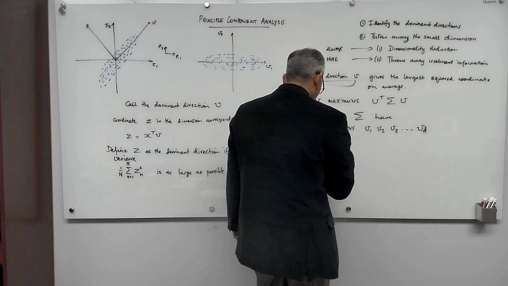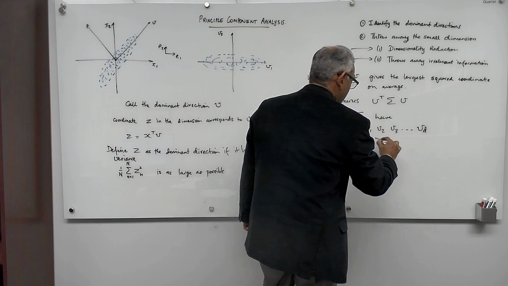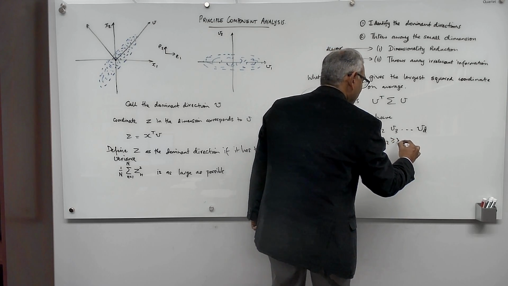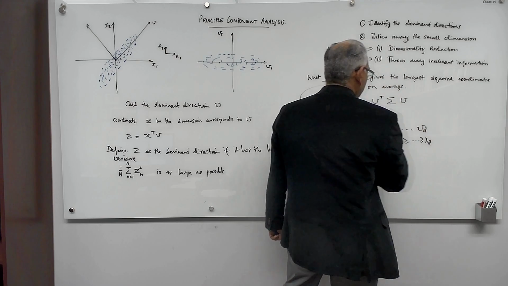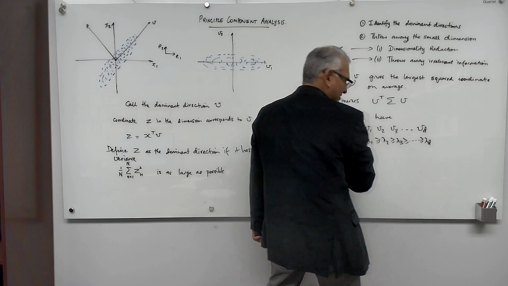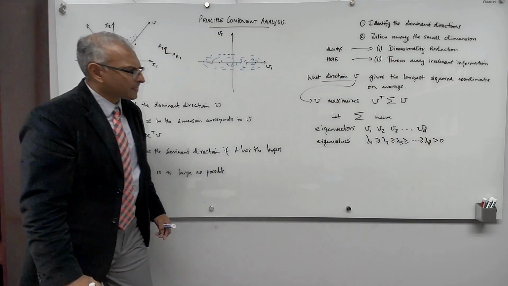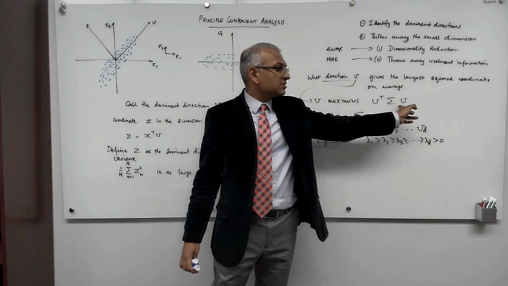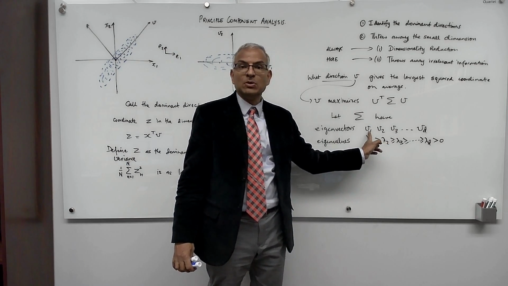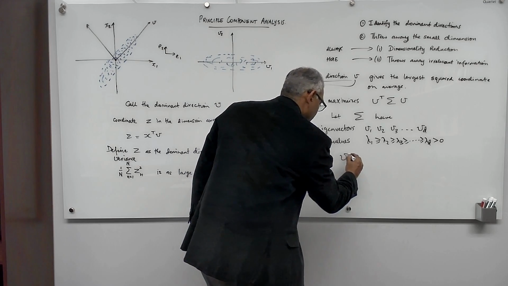And eigenvalues lambda 1 greater or equal to lambda 2 greater or equal to lambda 3 greater or equal to and so on down to lambda d, and because this is positive definite in the typical case, this is greater than 0. Then the V that maximizes this quadratic form is exactly V1, so V star is equal to V1.